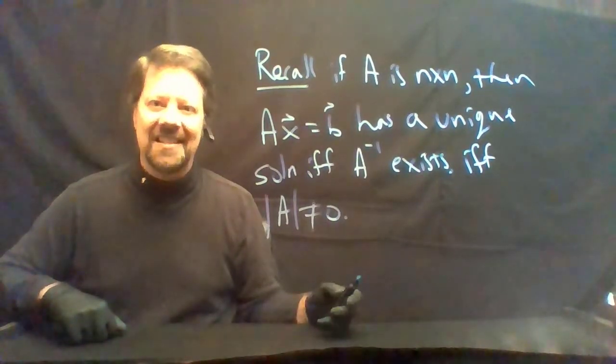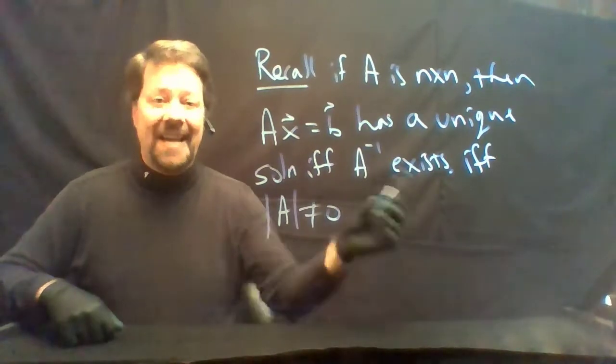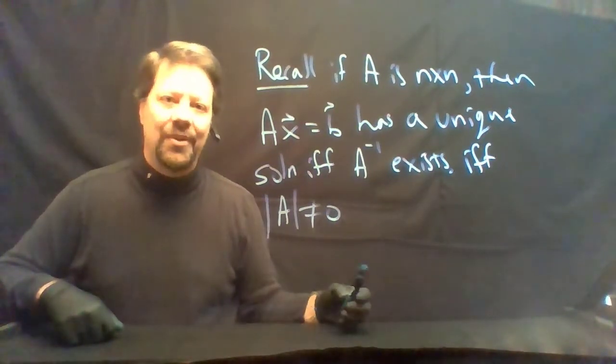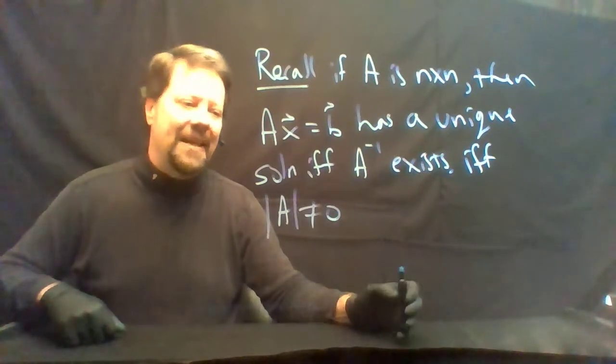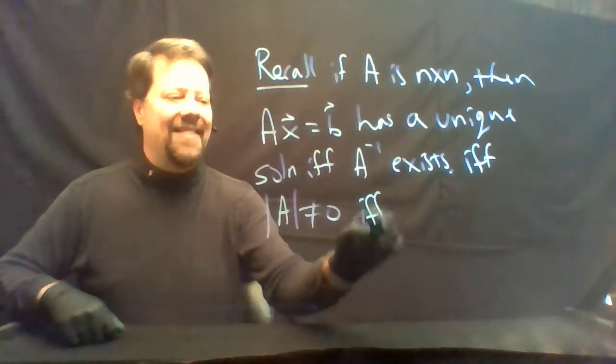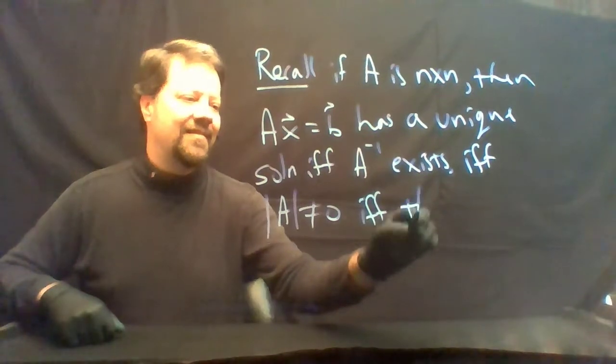We can add to this list now. We now know that Ax equals b will have a unique solution if and only if the columns of A are linearly independent. So we'll add that to this list.